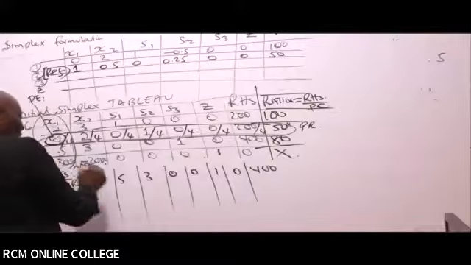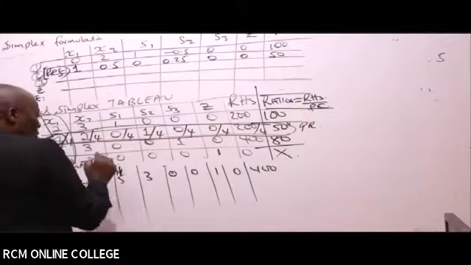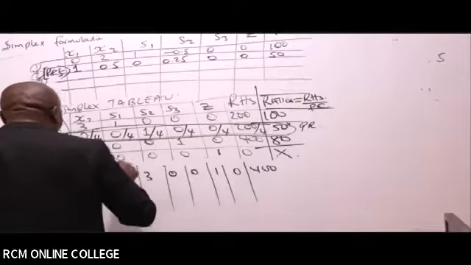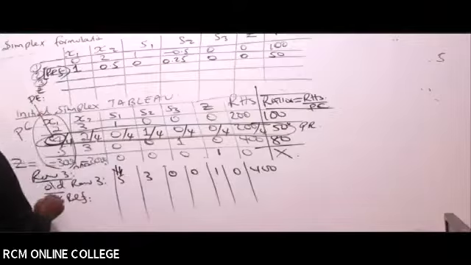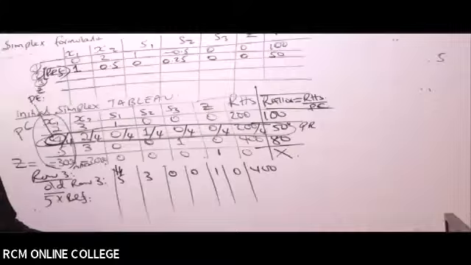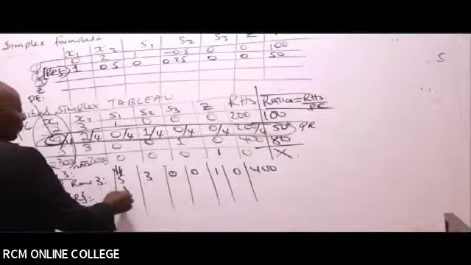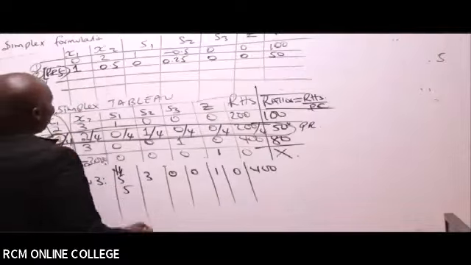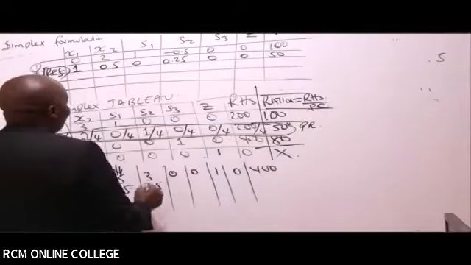So I can pick from row 3 this 5. This is the pivot column number, the number I want to pivot on. So 5 times the reference: you take the reference and multiply all the elements by 5. 5 times 1 gives me 5. 5 times 0.5 gives me 2.5.